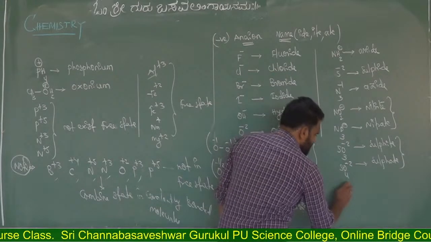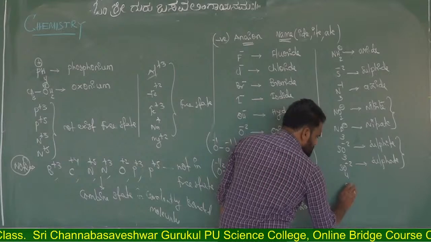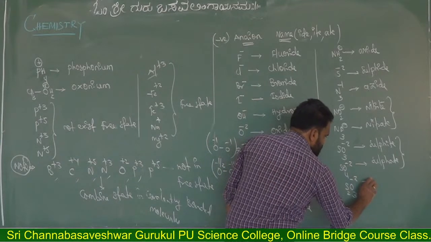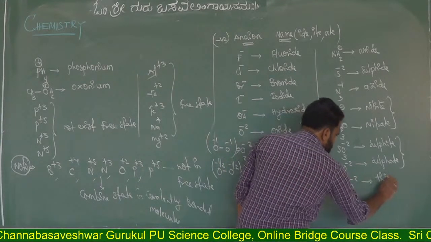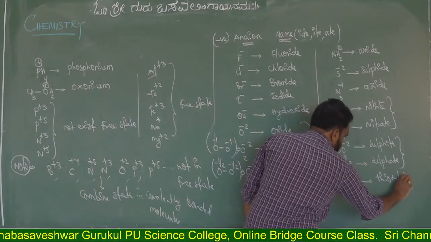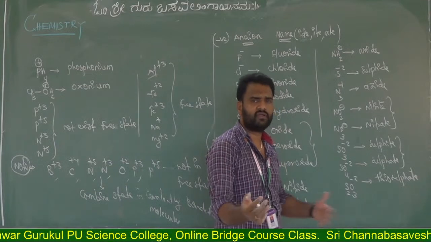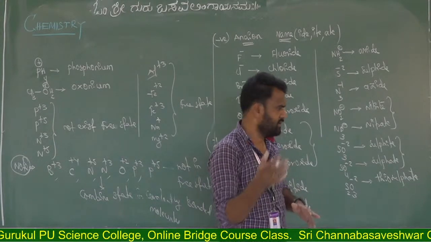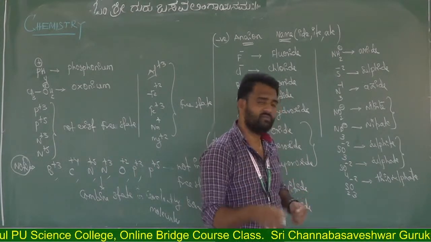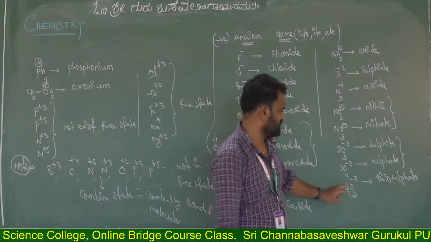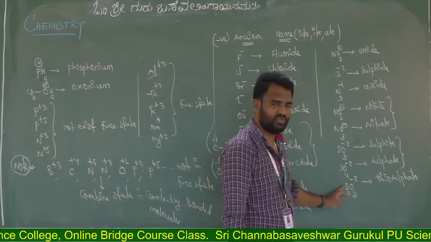Next one more, thiosulfate. Thiosulfate means S2O3 minus 2. Thiosulfate is a very important compound in photographic films. If you want to develop the negative film, you have to use this. This is the hypo solution.